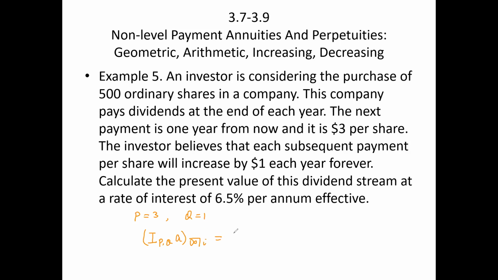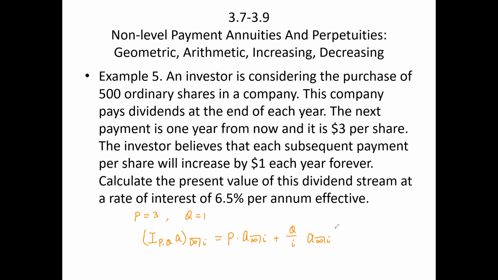The formula: we have P times A sub infinity angle I plus Q over I times A sub infinity angle I. And there's a term n times v to the n that equals n over 1 plus I to the n. When n goes to infinity, this goes to 0. The denominator has exponential growth, and the numerator is just a polynomial, so it goes to 0.